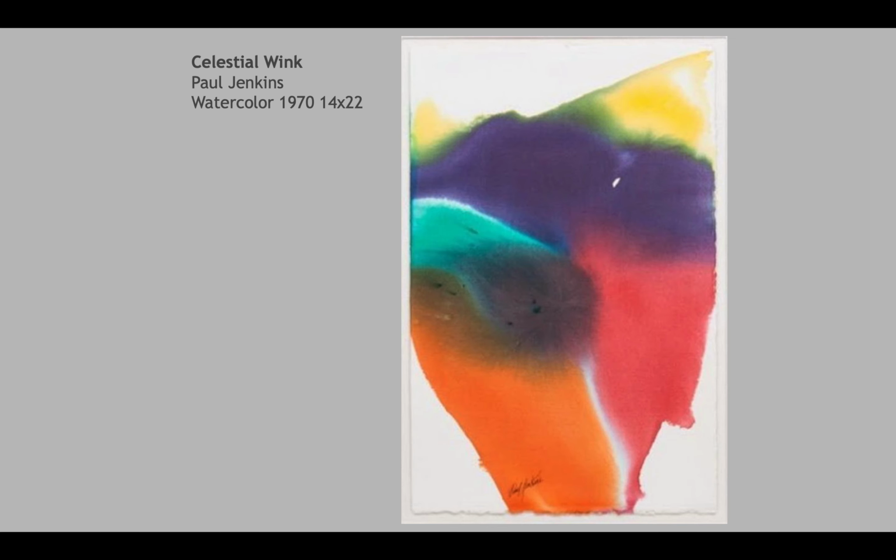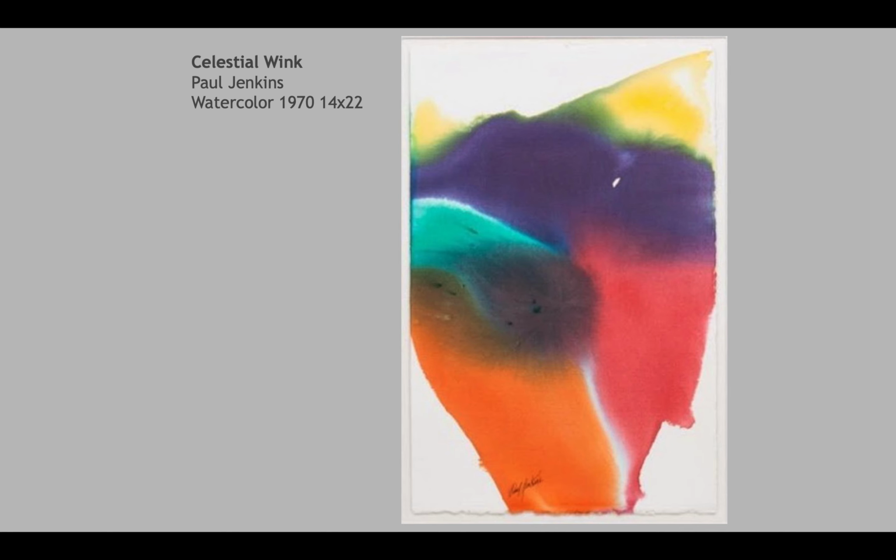So in this context of wet-on-wet, I would be remiss if I did not introduce you or talk a little bit about Paul Jenkins, a world-renowned watercolorist and acrylic painter, famous for doing large theater sets, paintings that are 10 feet by 20 feet or even larger.